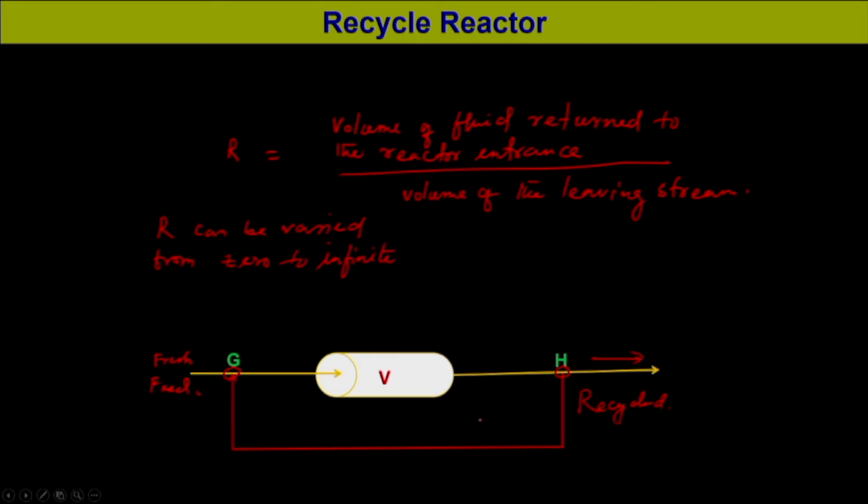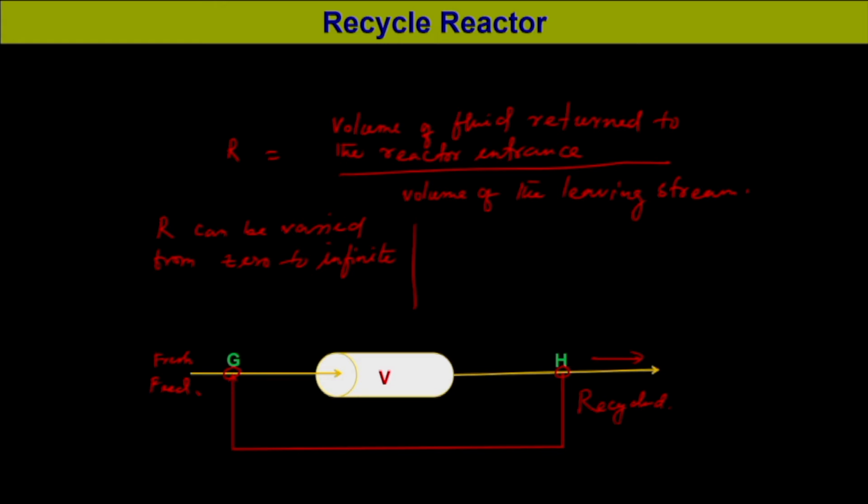This suggests that when there is no recycle, it behaves as a plug flow reactor. When some portion is recycled and fed to the reactor entrance, the degree of mixing inside the reactor is increased.